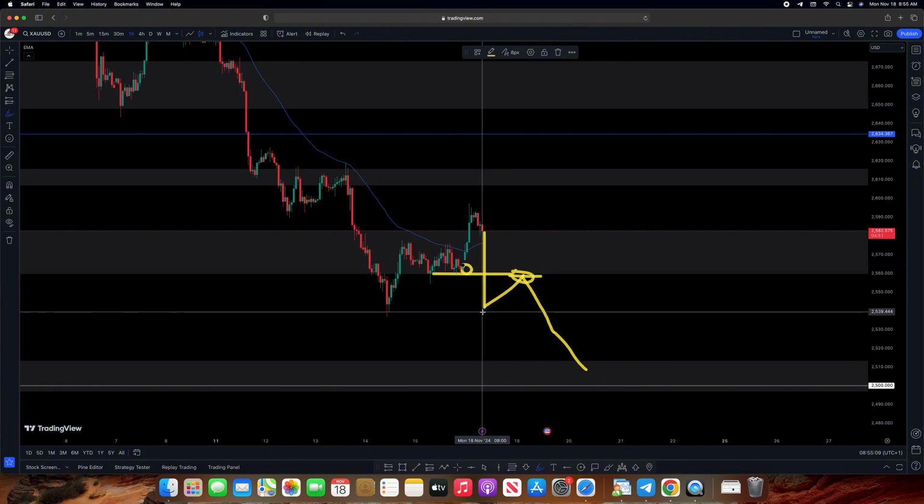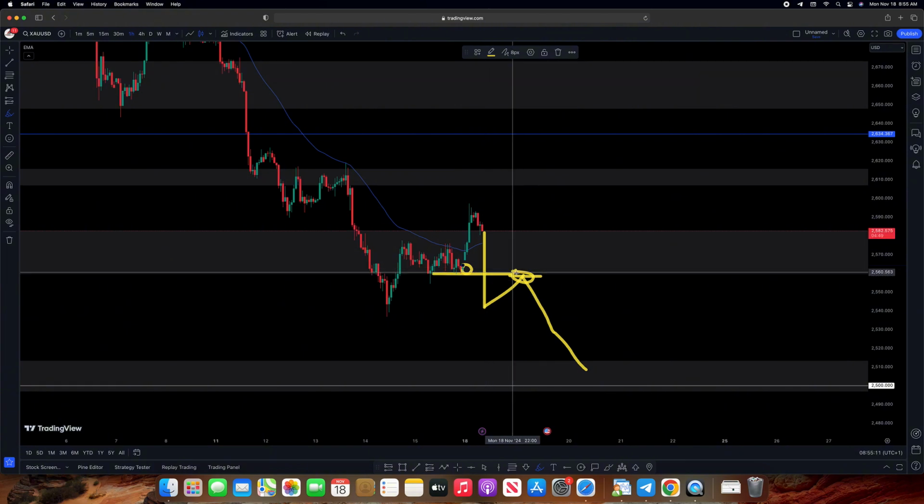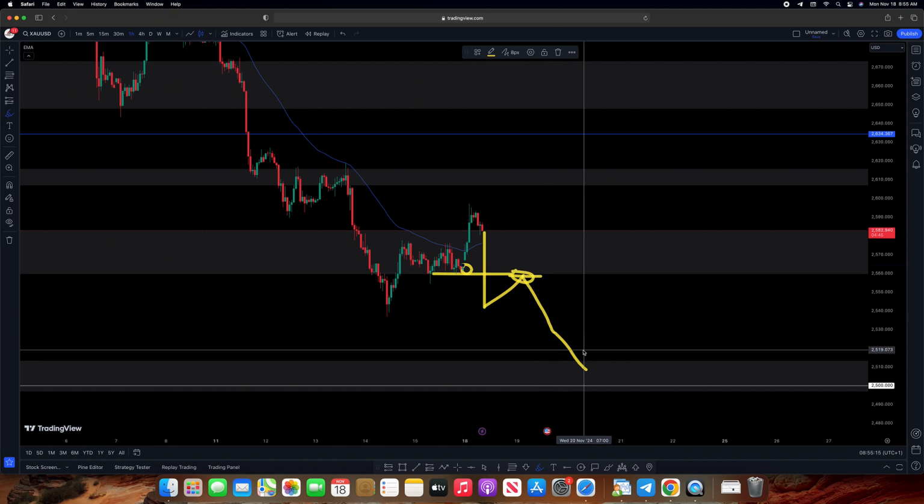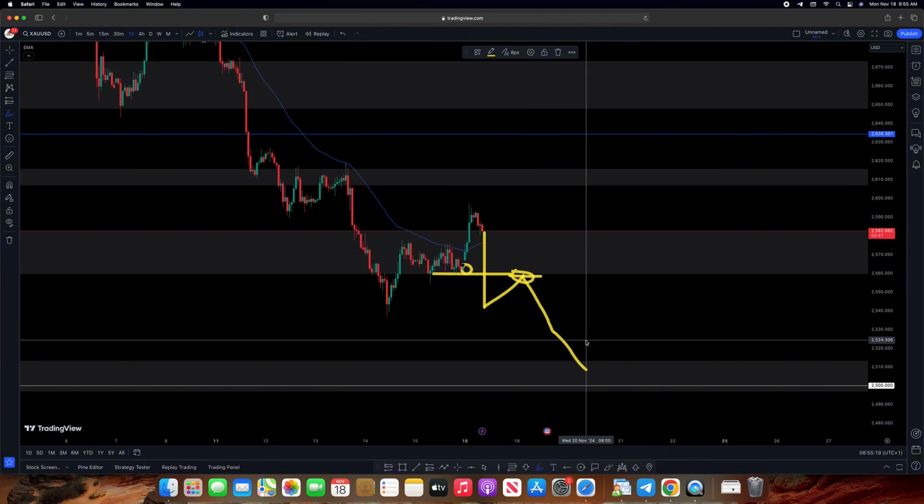But if it breaks, then I'll wait for a retracement to this zone for me to sell. So let's just watch out and see how this analysis is going to play out today. But I know definitely that one of what I just said will play out.